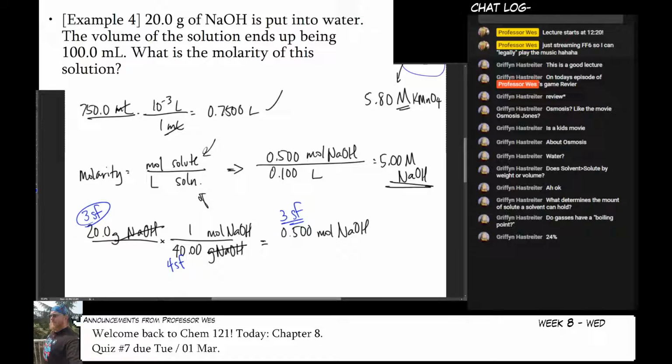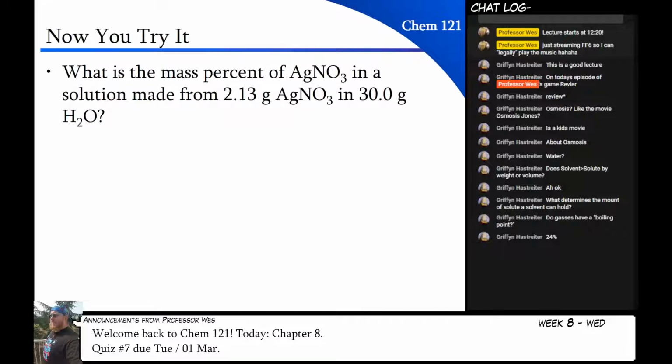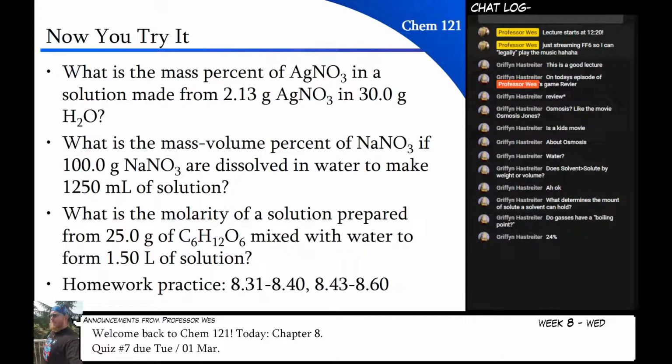All right, and that is all the time that we have for today. So now you've seen how to do a few examples of different concentrations. So what I'm going to do is I'm going to put this on the screen here. So there's our solution. I'm going to put these on the screen here just so the homework practice is at the bottom there. So we're going to start by doing these exercises next week on Monday when we return. It will be week 9. We're going to finish chapter 8 on Monday.